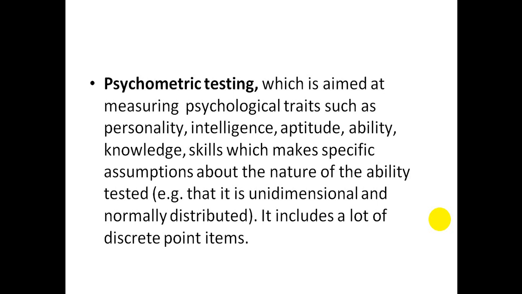No, we have an acceptable rate of students, for example, gifted students, and an acceptable rate of students with disabilities, and acceptable rates again of those with mid levels, etc. It includes a lot of discrete point items. Discrete point items means the items that measure specific knowledge or specific ability.